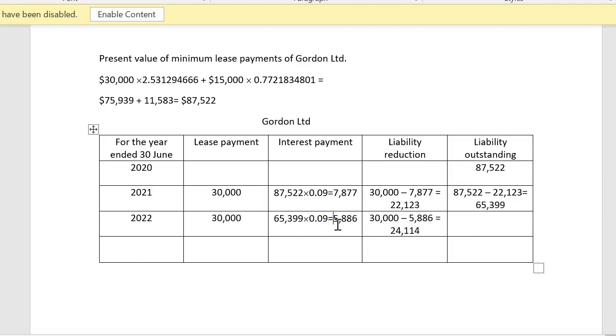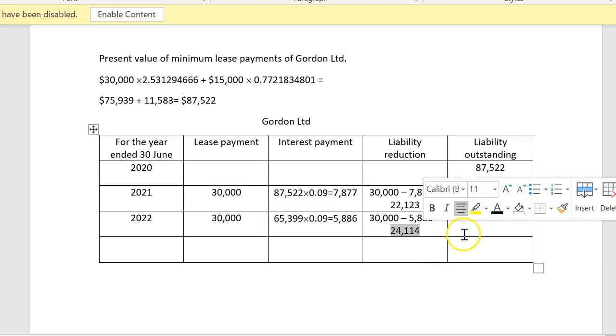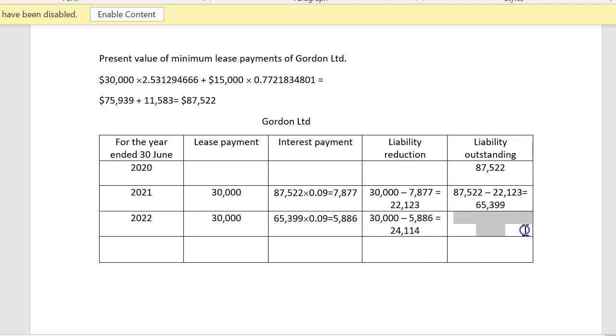Now if you wonder why it's 24,114, keep in mind the lease payment consists of interest, which is 5,886, and the liability reduction, which is 24,114. There you go. That is the liability outstanding at the end of 2022.